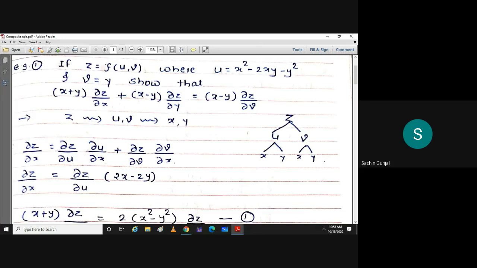So please note that this function is not given explicitly. So whenever there is a derivative with respect to u and v, that term will be as it is. Are you getting my point? You can't differentiate this. That term will be as it is. Because the function is not known to you.